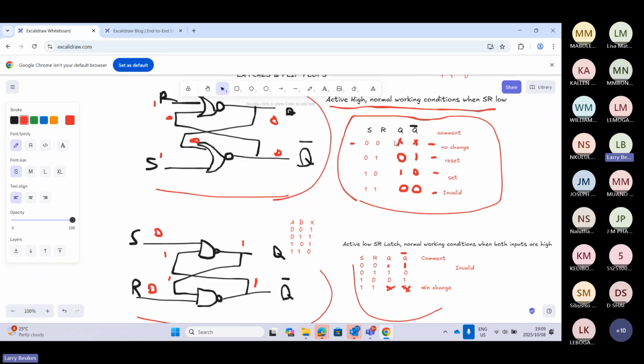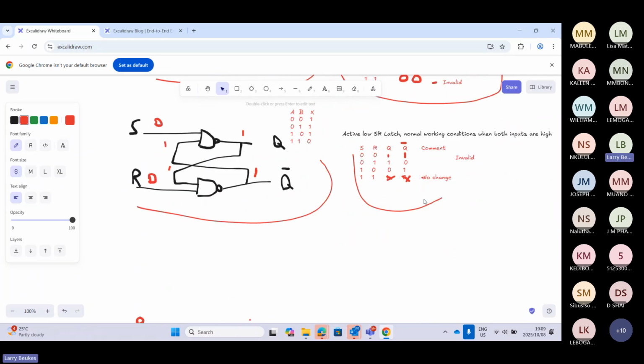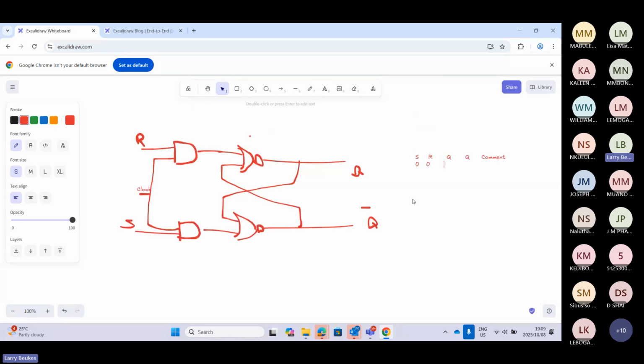The don't care case means no change. X, no change. So when both these inputs are low, there will be no change on the previous state. The circuit will be in its previous state.